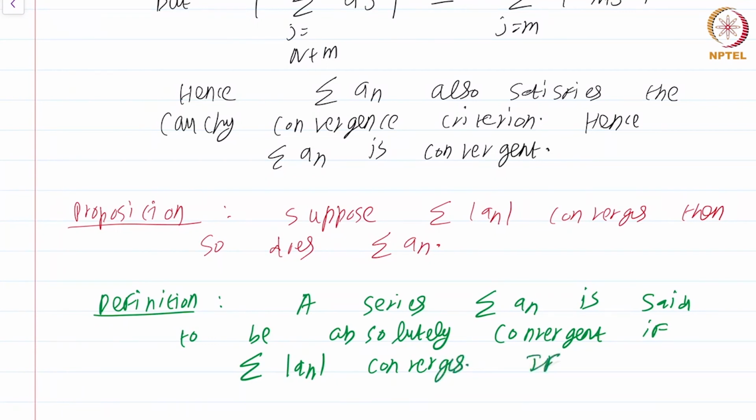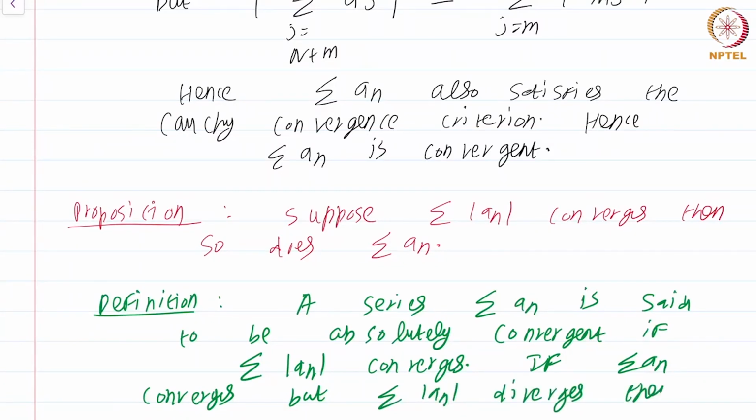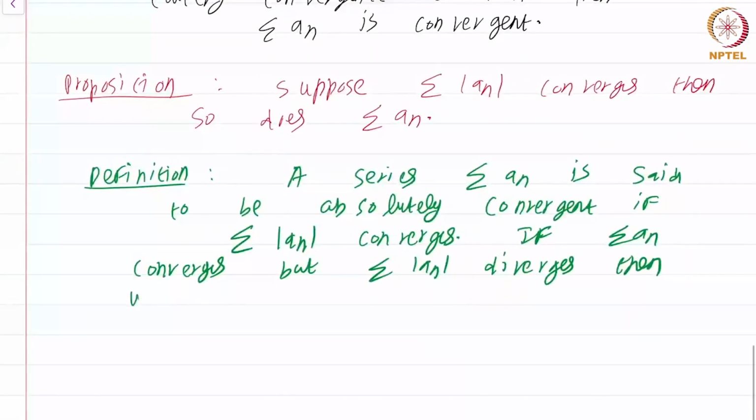If summation an converges but summation mod an diverges, then we say summation an is conditionally convergent.